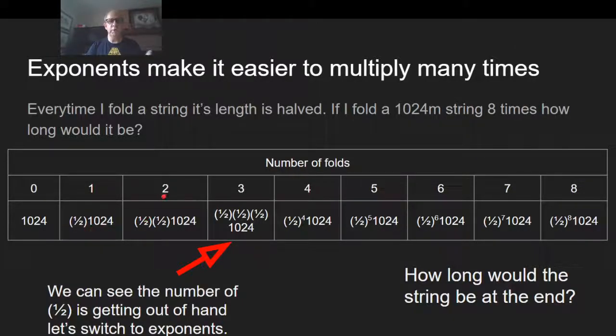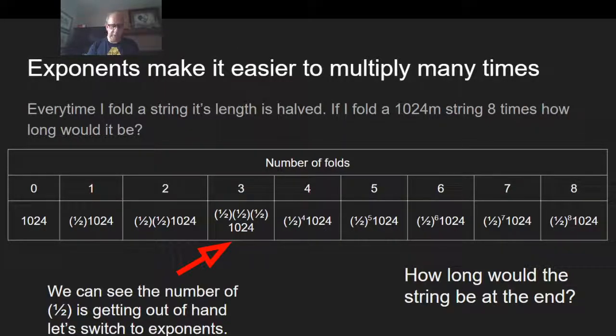If I fold it 2 times, so it's a half of 1,024. So it'd be 1,024 times a half, which would be 256. If I fold it 3 times, it would be a half times a half times 1,024, right? If you're getting your calculator out, it's pretty simple.